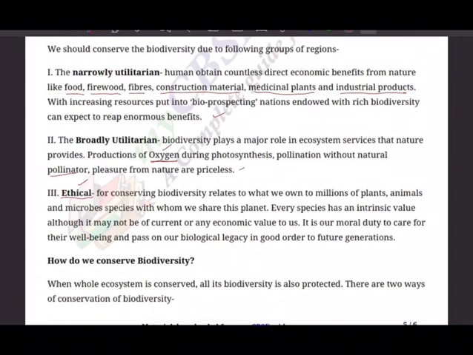So what right do we have to take away that right of other species? Hence, it is moral, ethical values that we need to protect all species. Every species has an intrinsic value, although it may not be of current or any economic value to us. Every species has its own value, so we need to respect that.